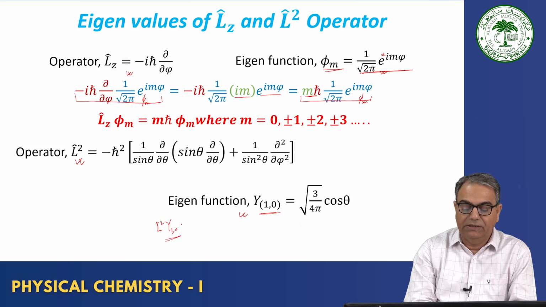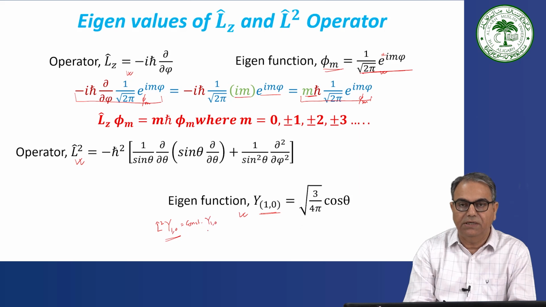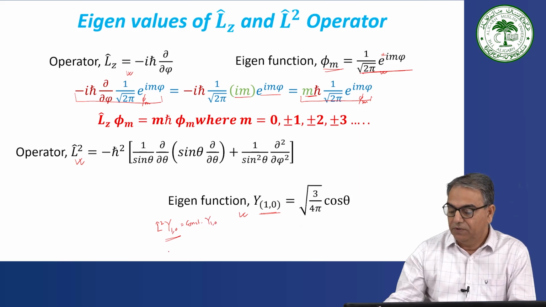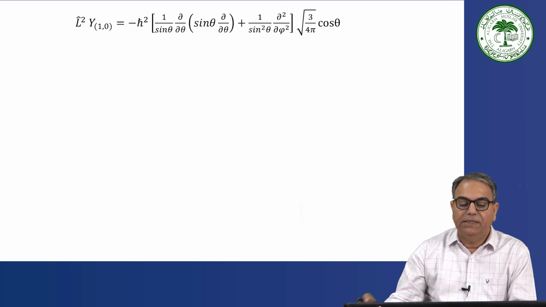So this should give you a constant multiplied by Y10, then only it will be an eigenfunction. That's the basic definition of eigenvalue equation, that you should get a constant multiplied with the same function. So I'm repeating it time and again because you should not forget these basics. Okay. So if you apply this, what will happen?